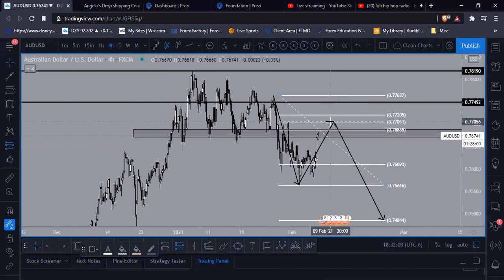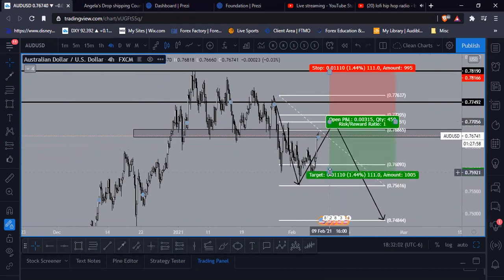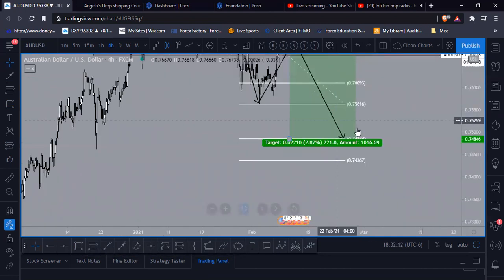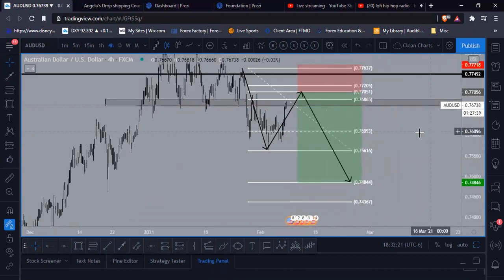So if I can get price to come up to right here, take it to the downside, stop loss slightly above where the drop started, 66 pips. And right here is a good TP. I like this TP right here because that's where this started to take off. So let's see how this plays out.